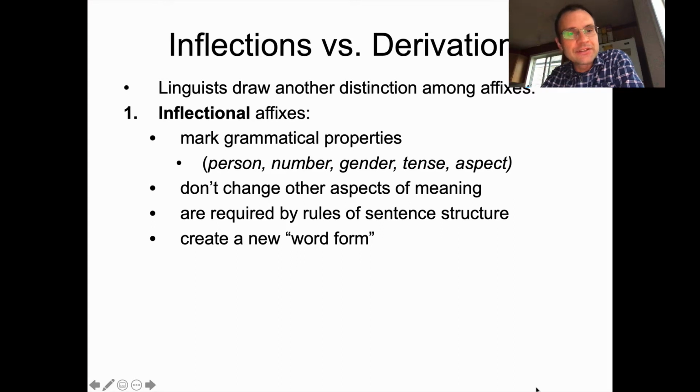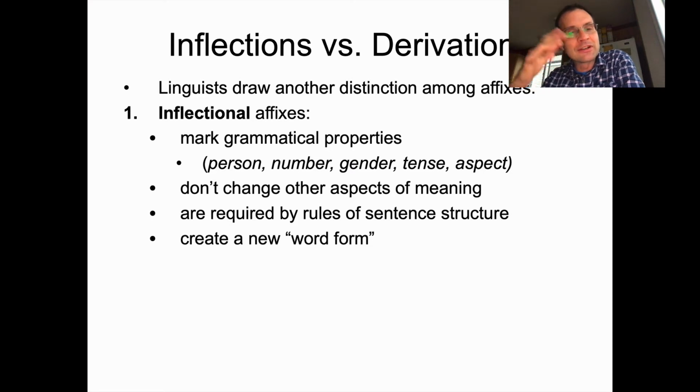Inflectional affixes, you might think of them as a little bit more superficial in terms of their meaning. They exist primarily to mark grammatical properties of a word, so functional properties like person, like first person, I am talking, second person, you are talking, third person, he, she, it is talking. So that is what I mean by person.